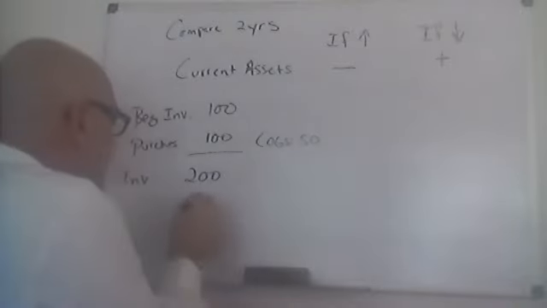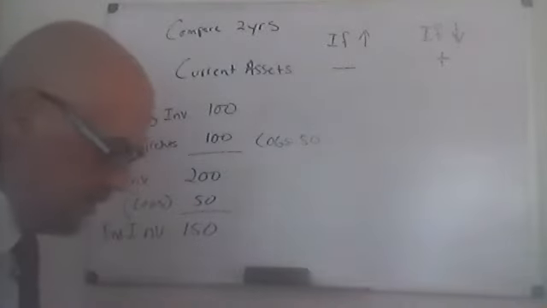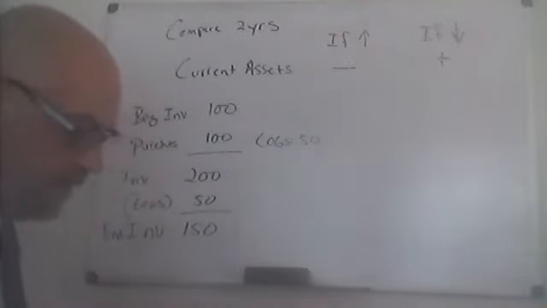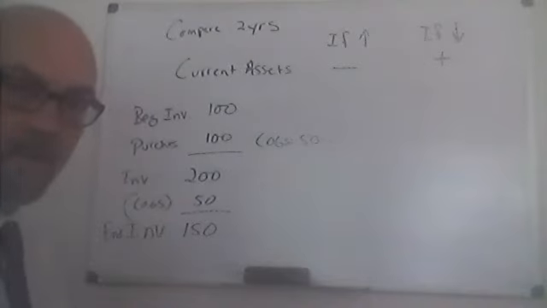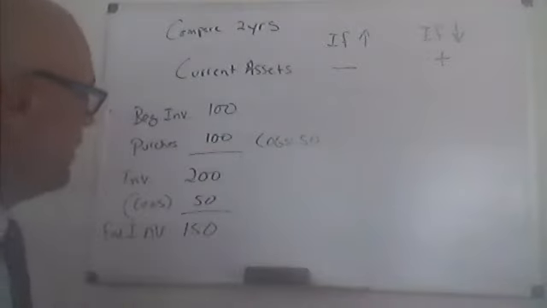Okay. On our books, when we take off our cost of goods sold, it makes our ending inventory 150. Okay. So if we're just going to go with our net income, it's only going to show basically an outflow for the cost of goods sold at 50, but we actually purchased 100.